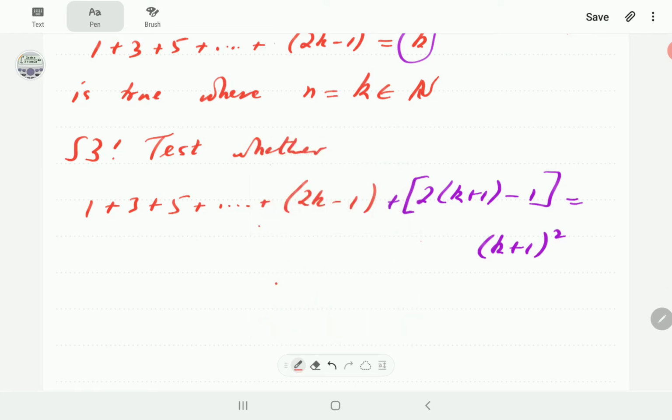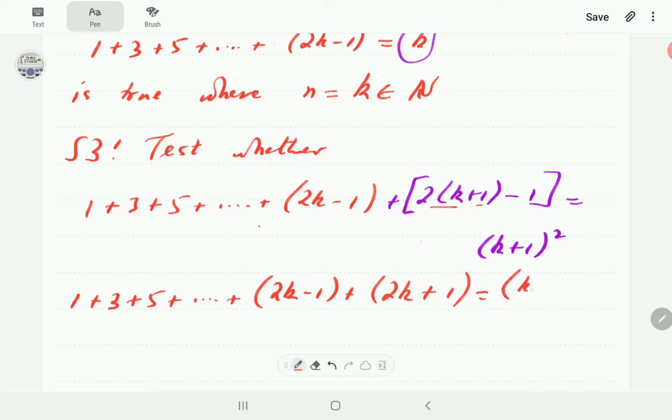So we're going to have 1 plus 3 plus 5 plus 2k minus 1 plus 2k plus 2 minus 1, so it's going to be 2k plus 1, and this should be equal to k plus 1 squared.